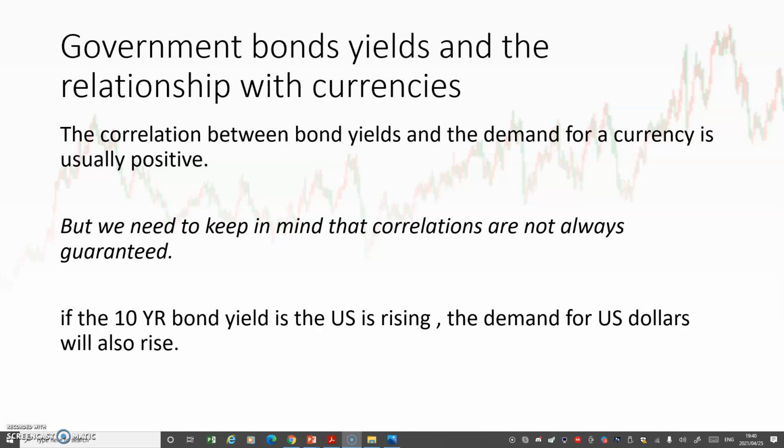More money coming into the economy, or more USD being demanded, because the yields are increasing. So your projected return on investment for the 10-year is increasing. So if the yields go up, the demand goes up. If the yields go down, the demand goes down. And this obviously applies to every other currency and the specific country's government bond yields.